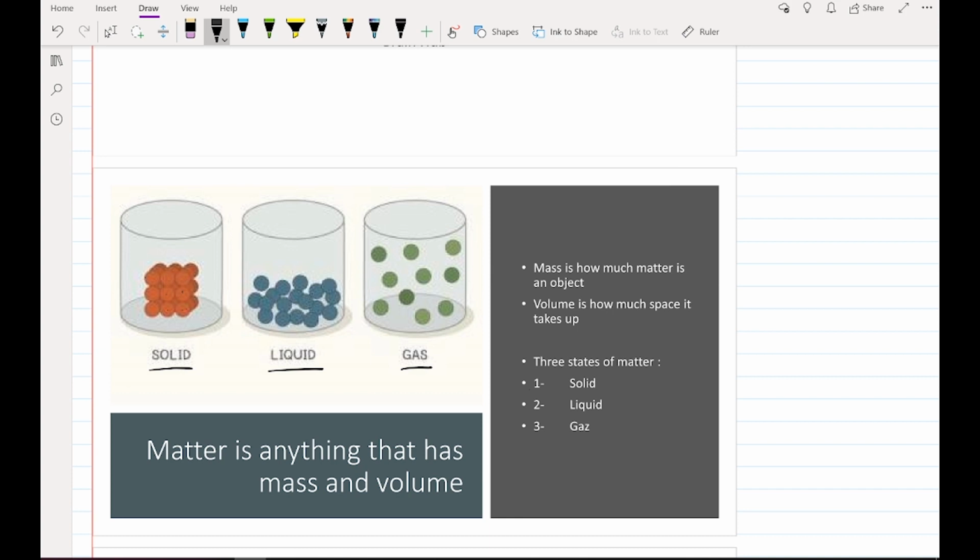While gas circles are distributed in the container, filling all the space around, solid circles are set in the center of the container. So, mass is how much matter is in an object and volume is how much space it takes up.